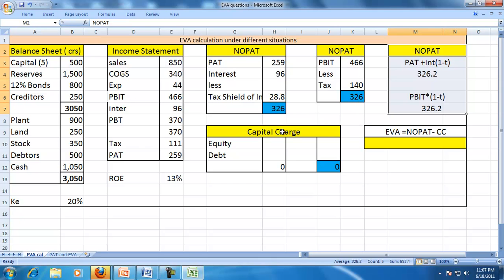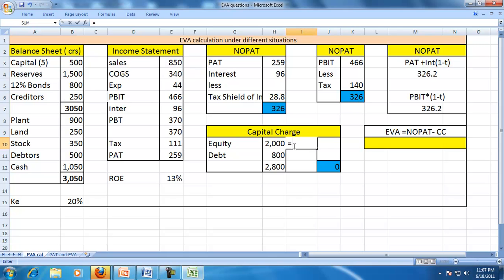Now the next issue is the capital charge. Capital charge is a charge for using the equity and interest bearing liabilities. So in this case, equity is 500 plus 1500, and the debt is given here, and I'm not taking creditors because it's a non-interest bearing liability.